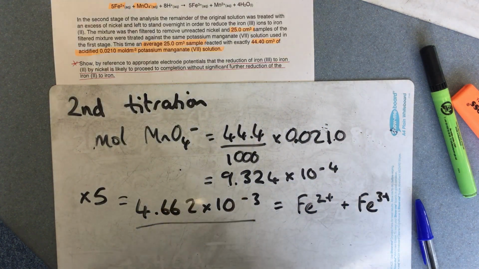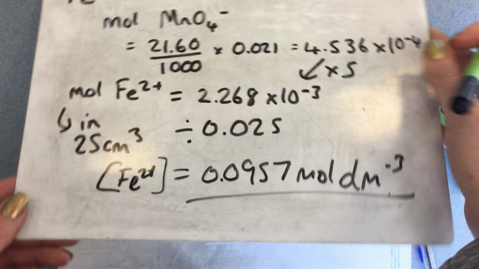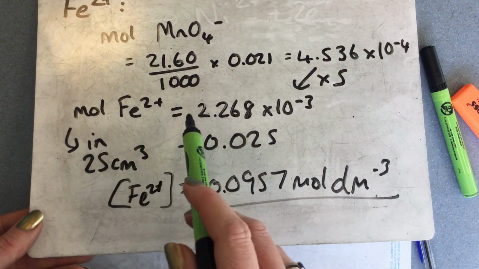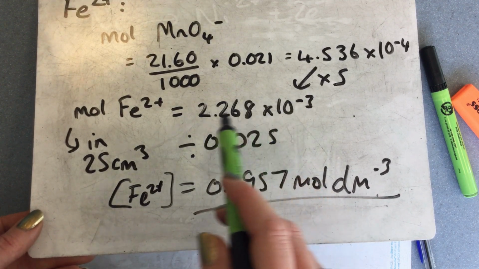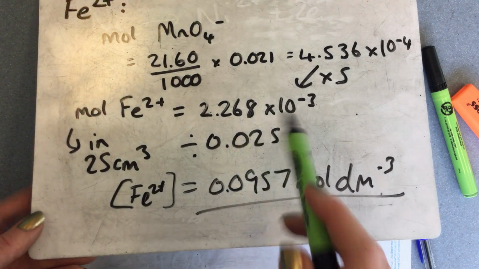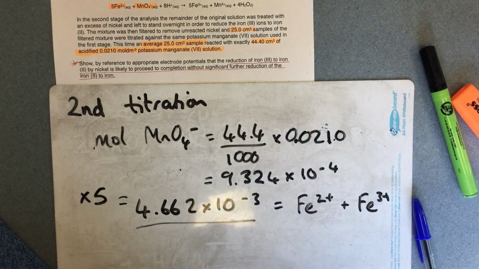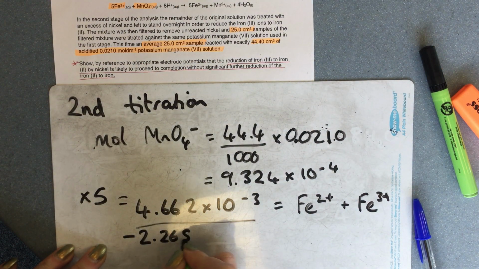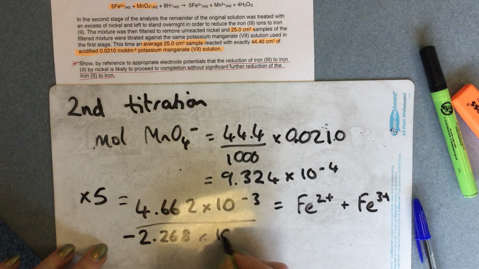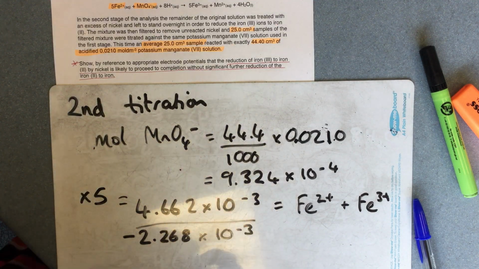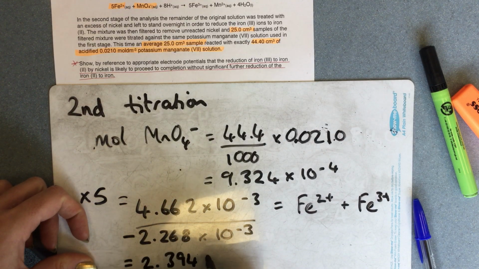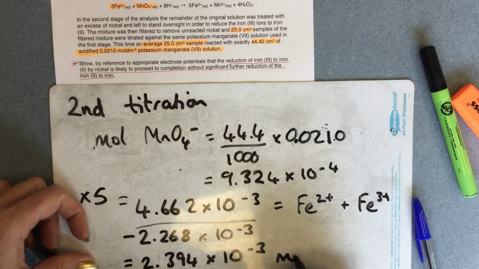And I know from my previous question that in the same volume, my 25 centimetre cube, my moles of Fe2+ before I did all my conversion of Fe3+ was 2.268 times 10 to the minus 3. So what I'm going to do is take away 2.268 times 10 to the minus 3, and that's going to give me 2.394 times 10 to the minus 3 moles.